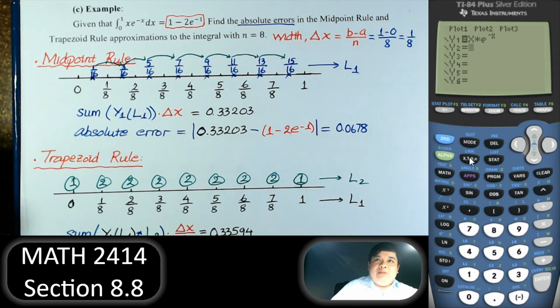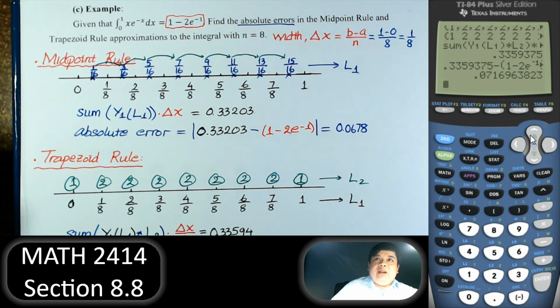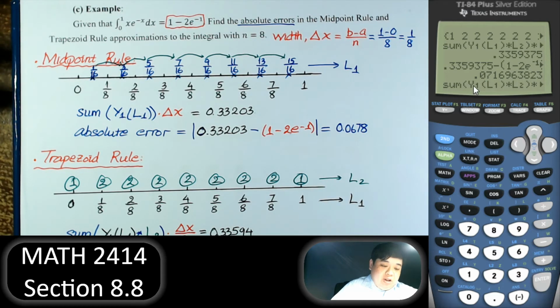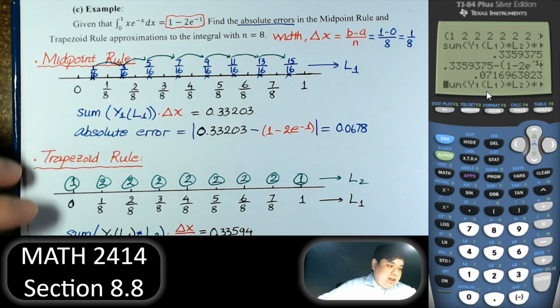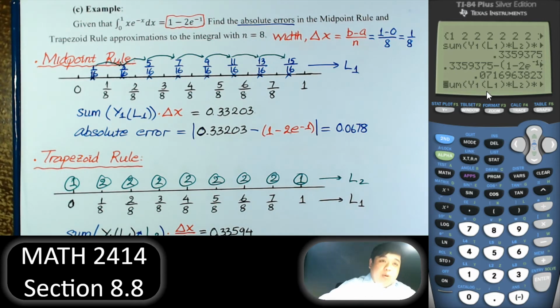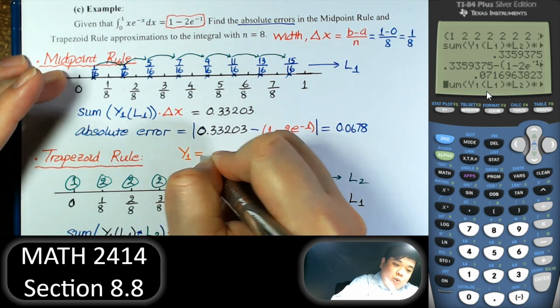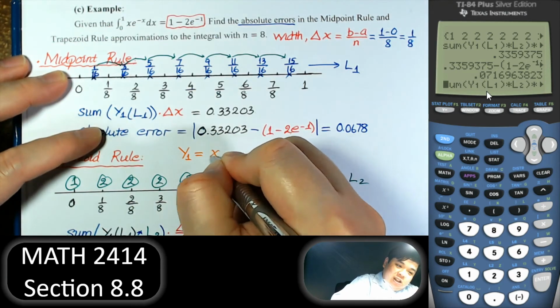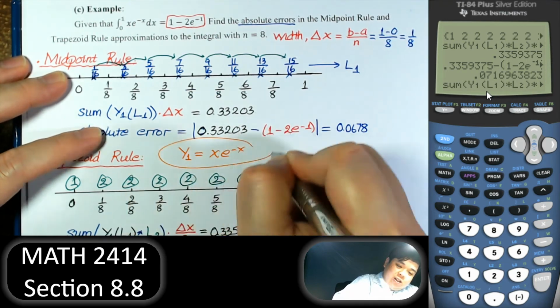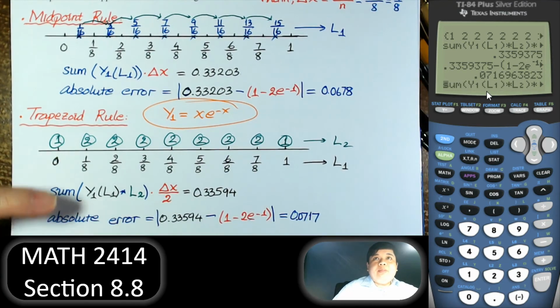Right, so we're going to do this again, but this time the y1 is the correct y1. So I apologize for that, but at least now you know that it is very important that we store the correct function into y1.